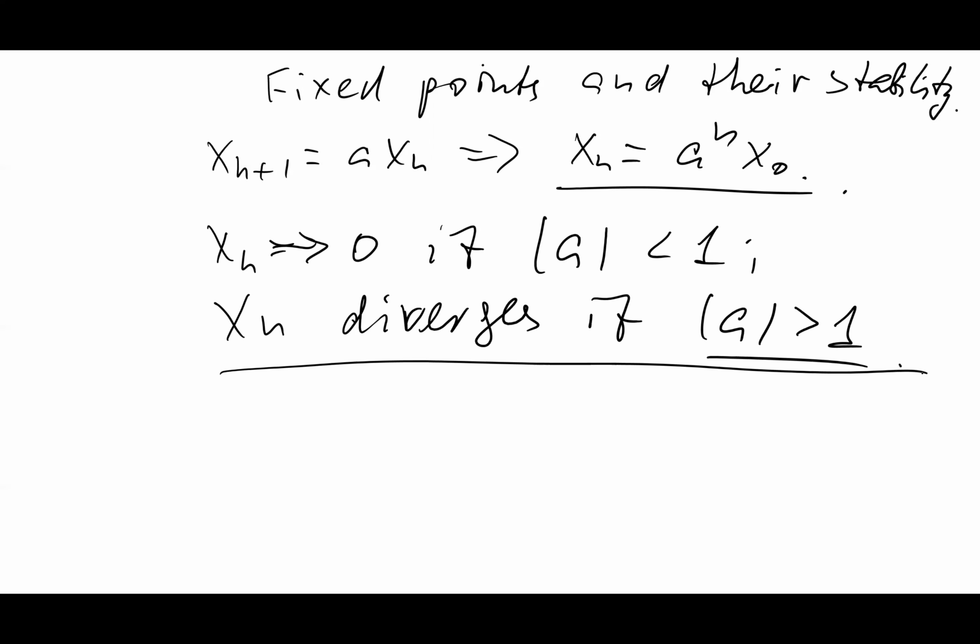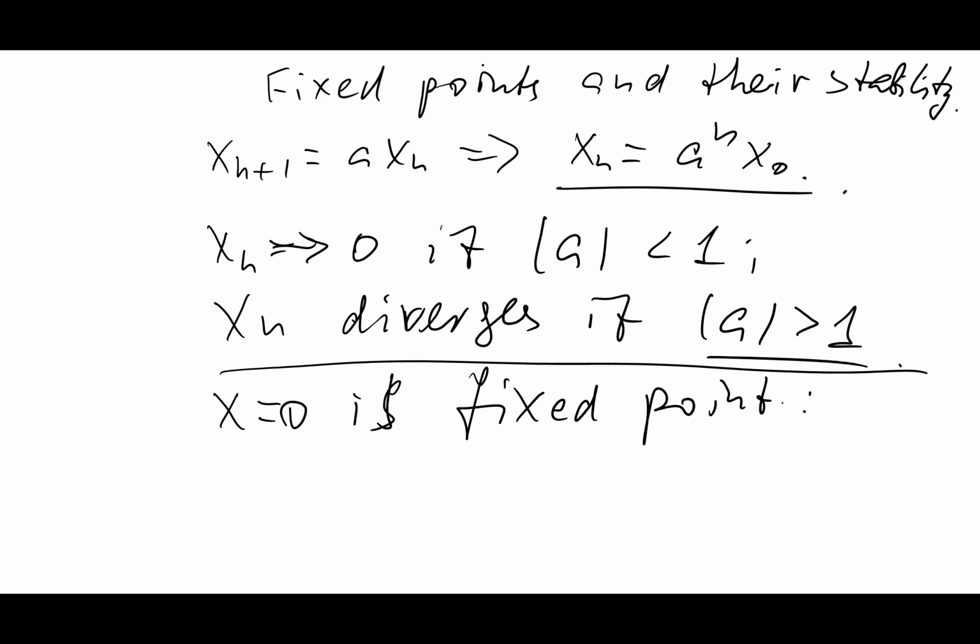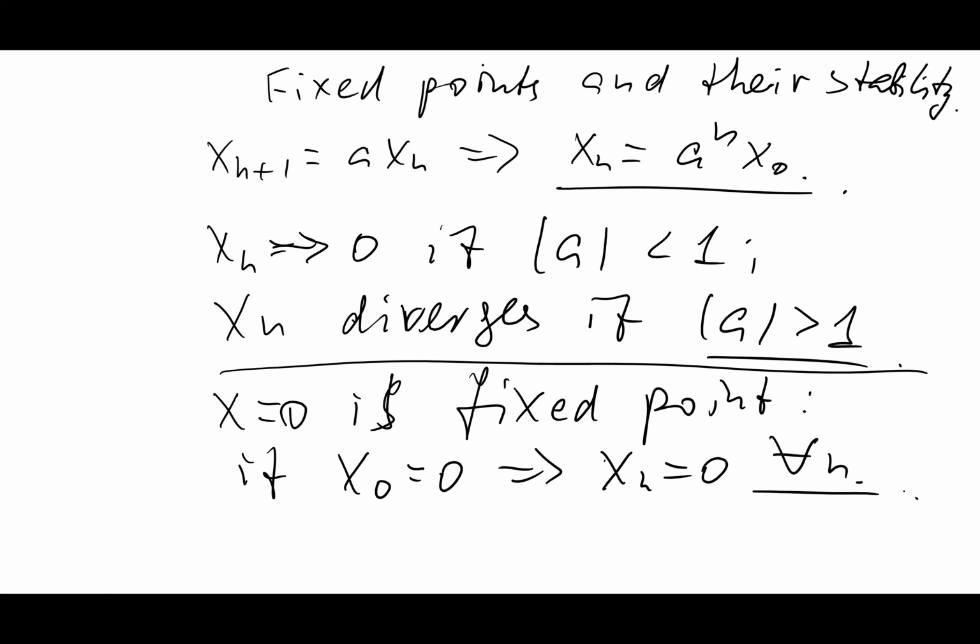On the other hand, x equal to 0 is a fixed point. We discussed it: if x_0 equals 0, then x_n equals 0 for any n. So it's a fixed point.